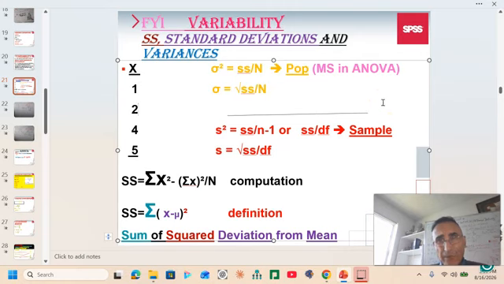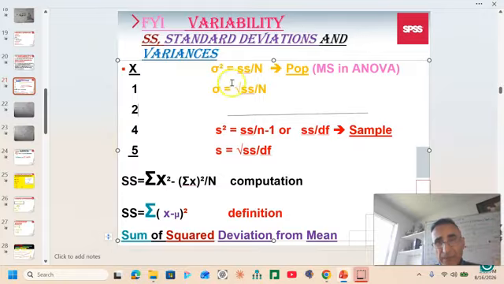In ANOVA, in a few weeks, we're going to quickly get to ANOVA. Instead of variance, sigma squared, we use MS. It's the same thing. Variance is variance, which is the square of standard deviation.